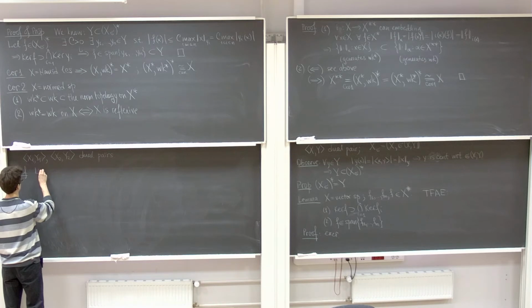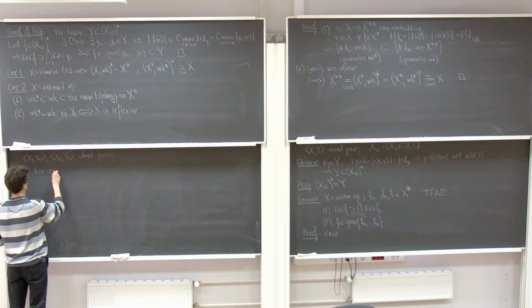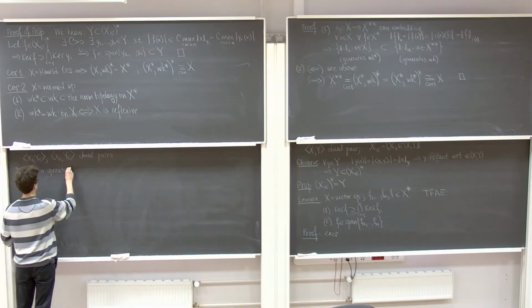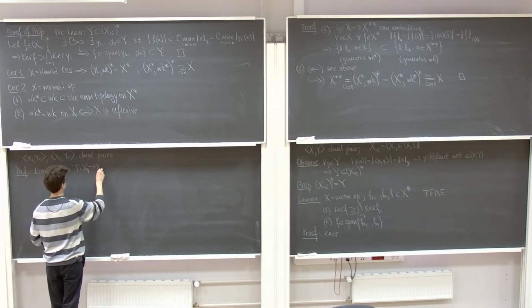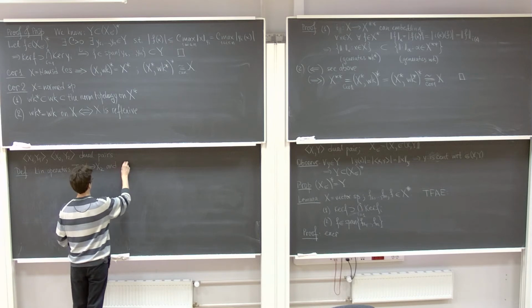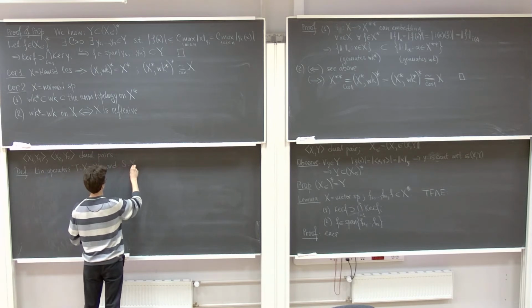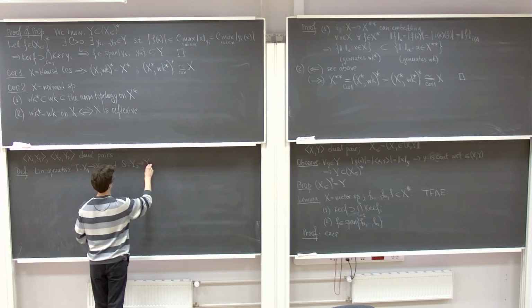Suppose that we have two linear operators, T, which acts from X1 to X2, and S, acting from Y2 to Y1.